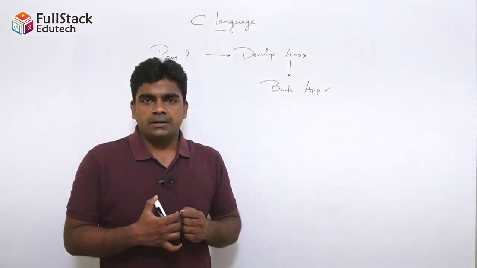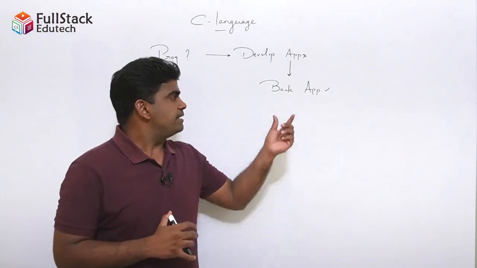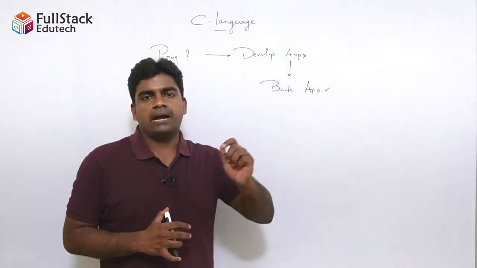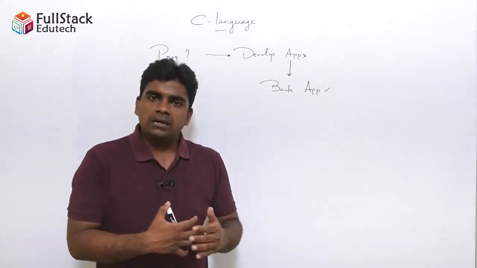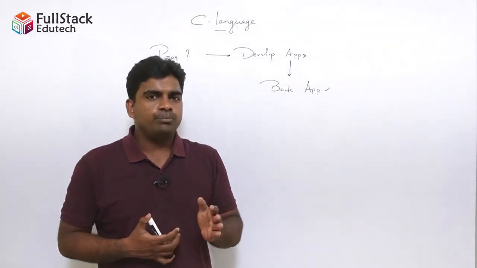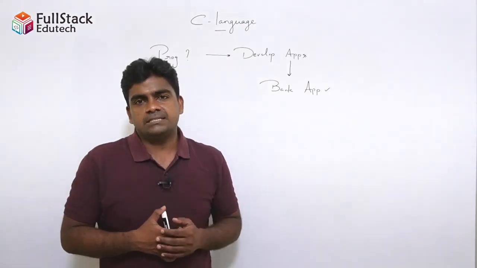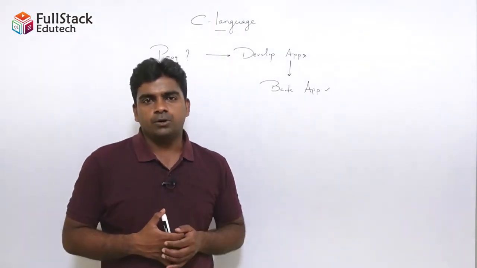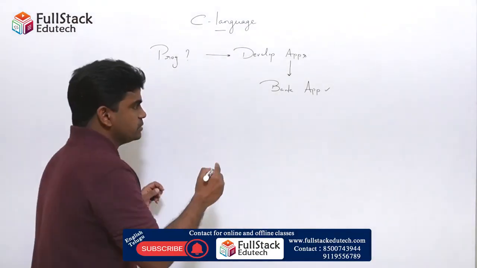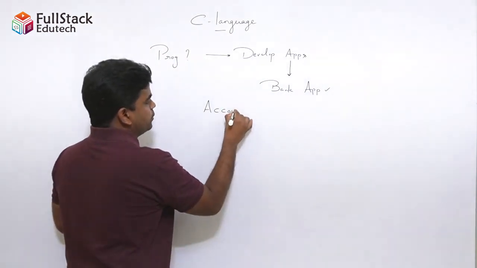Whenever a customer wants to take an account from the bank, they store the information of the account holder. Thereafter, whenever the account holder wants to perform transactions, they maintain all the transaction information of the account holder. Simply put, the banking application's main asset is the account holder.